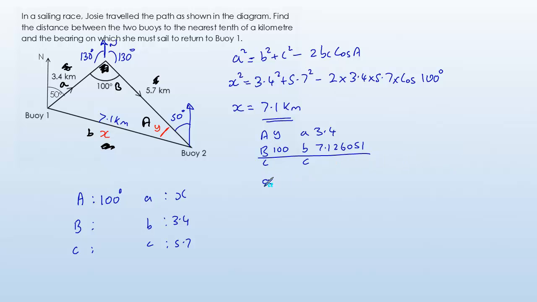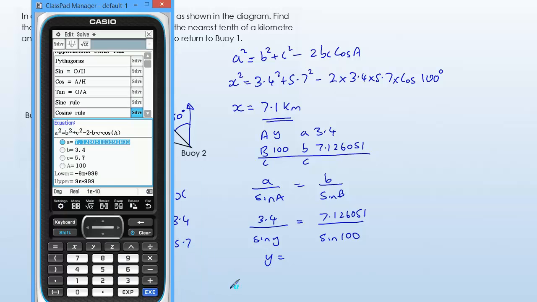So I can say that A over sine A is equal to B over sine B, and substitute in. So that's going to be 3.4 over sine Y is equal to 7.126051 over the sine of 100. And then we can use an e-activity to find y. This time it's the sine rule that we're using.